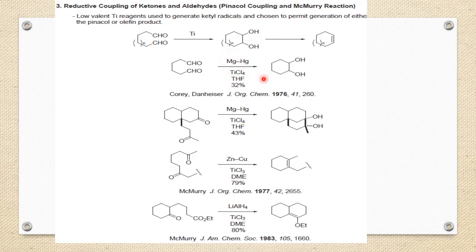Herein the electrons are coming from sodium amalgam, sorry, in this case magnesium amalgam, and zinc copper couple, with titanium trichloride. We know that we can utilize a multitude of reagents, which is a combination of a reducing agent and titanium trichloride or tetrachloride in the presence of non-polar solvents like THF and DME.